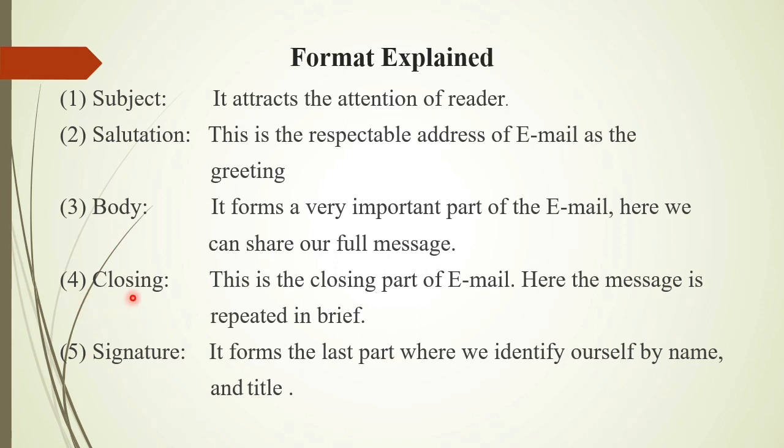And then closing. This is the closing part of the email. Here, the message which we have written, we repeat or reiterate in brief. And last of all, we have the signature. It forms the last part where we identify ourselves by our name and our title or position.